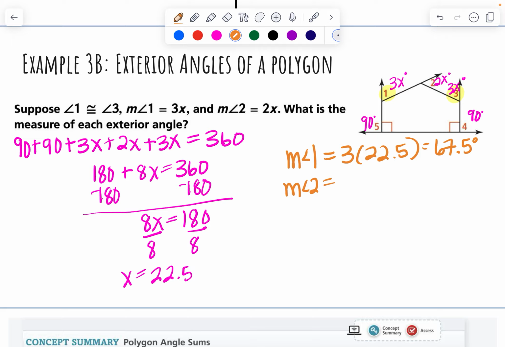Measure of angle 2 is 2x, so 2 times 22.5, which is 45 degrees. Again, we found that the measure of angle 3 is the same as measure of angle 1, so 67.5. And we already know that the measures of angles 4 and 5 are 90 degrees.